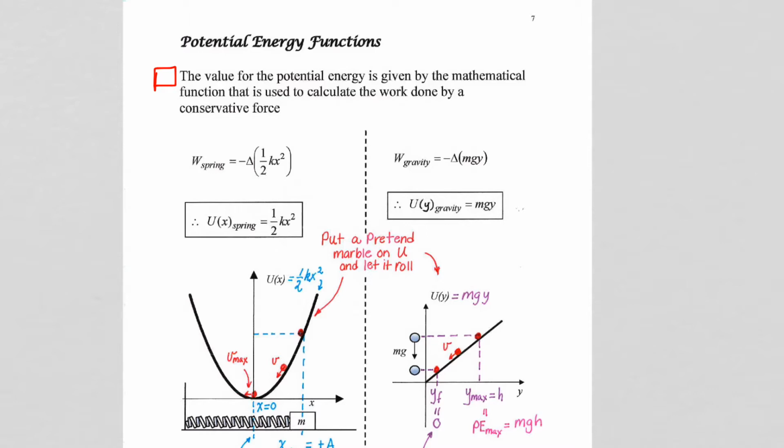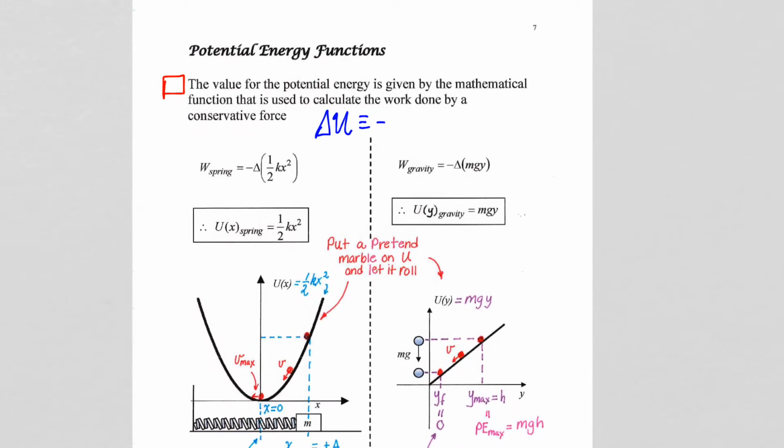To remind you, the mathematical equation that defines potential energy is the change in potential energy equals negative the work done by a conservative force. We have two conservative forces in mechanics that we are dealing with, the spring and gravity, and both of these equations should look familiar based on our delta U equals negative the work done that I have here in blue.